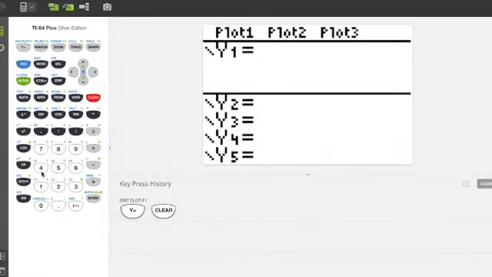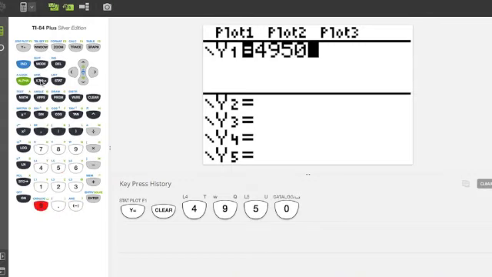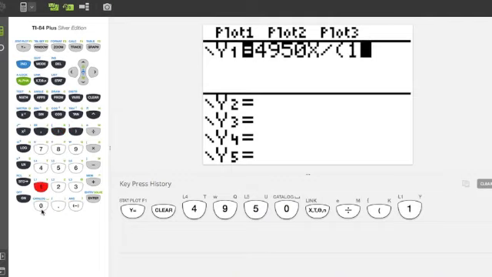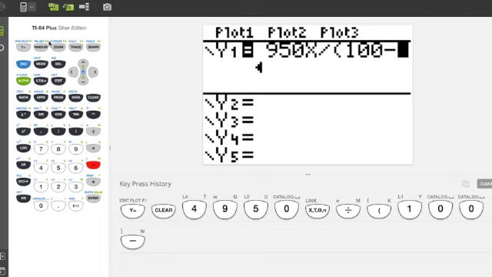To graph this function, 4950 x in place of the p, divided by, since this is the denominator and it has more than one term, we'll put parentheses around it, 100 minus our x, and make sure you close the parentheses.